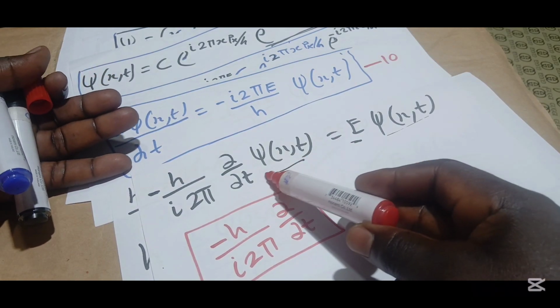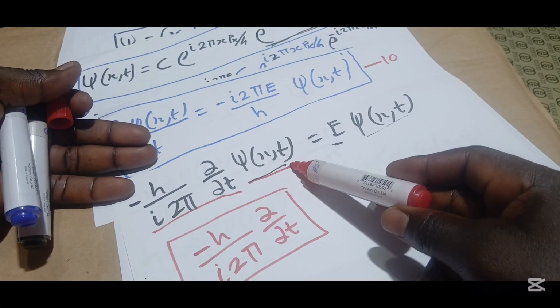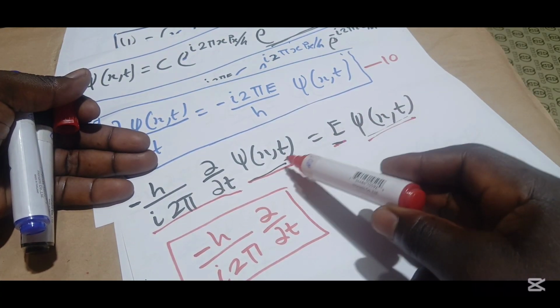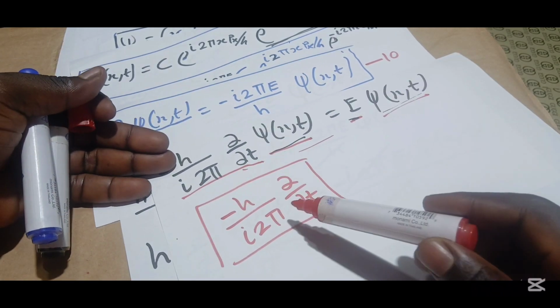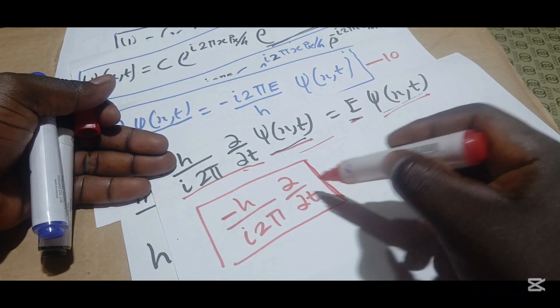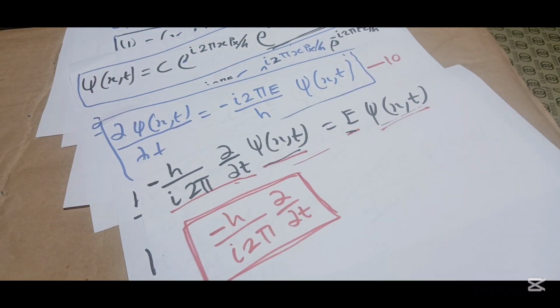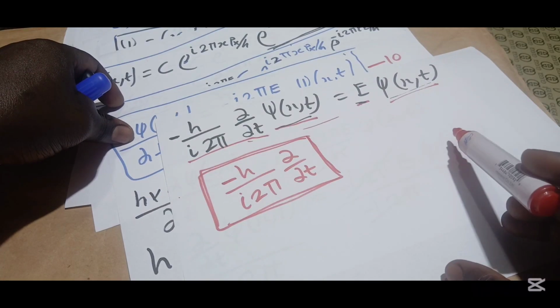Looking at this, you see we have an operator that is operated on a function to give us a value times the same function again. So we predict this to be our energy operator. This is actually our energy operator in quantum mechanics. So now let's differentiate the same equation with respect to x and see what happens.